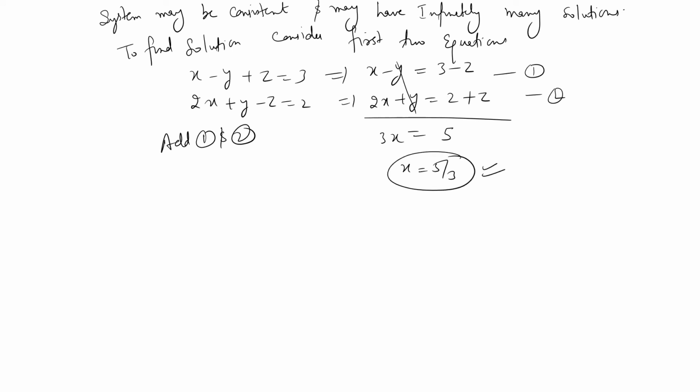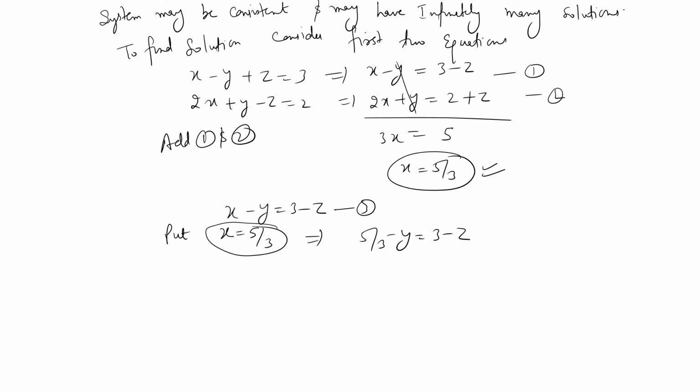Right? Now substitute it somewhere here. So x minus y equal to 3 minus z. So x here is 5 by 3. So I will put it in this equation number 3. This implies 5 by 3 minus y equal to 3 minus z. Okay.